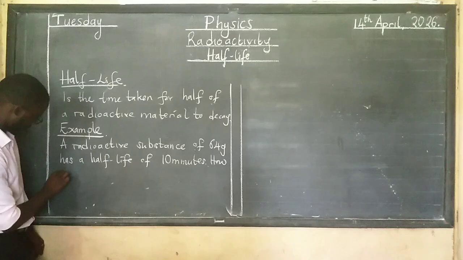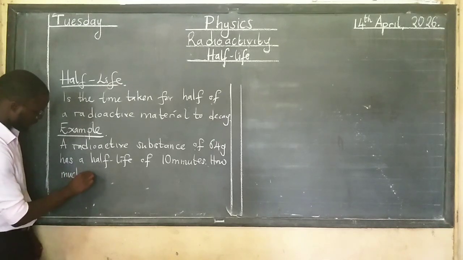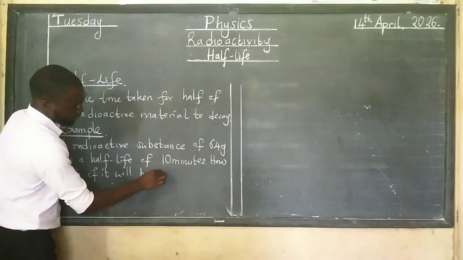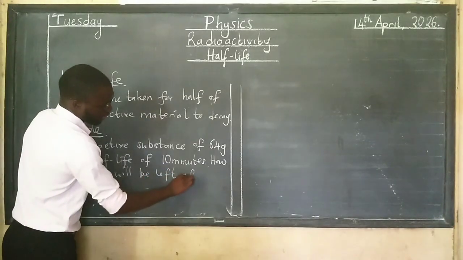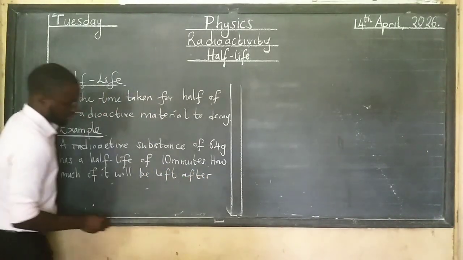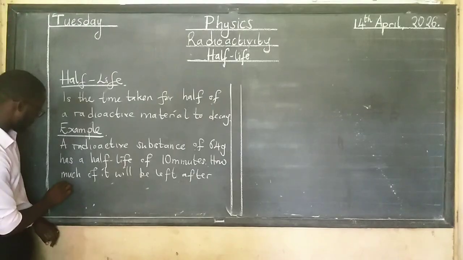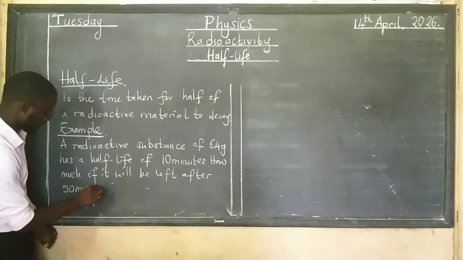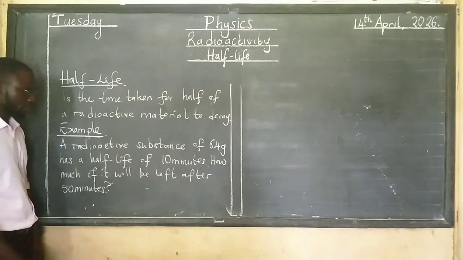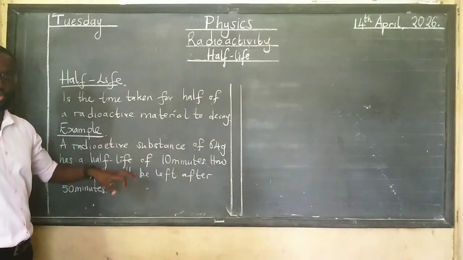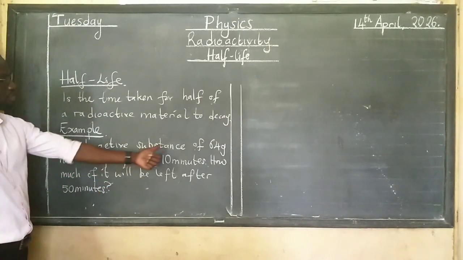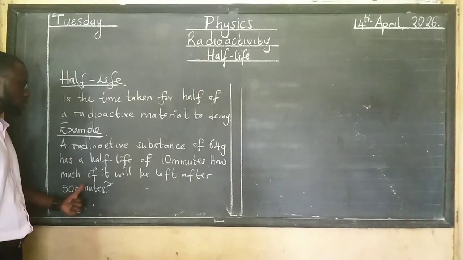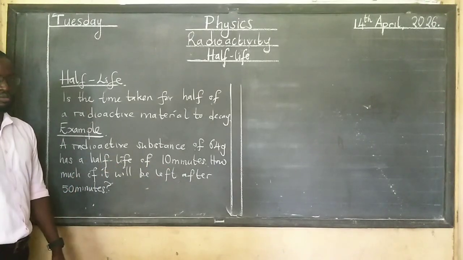How much of it will be left after, let's say, 50 minutes? This is how most questions look. So, a radioactive substance of 64 grams has a half-life of 10 minutes. How much of it will be left after 50 minutes?